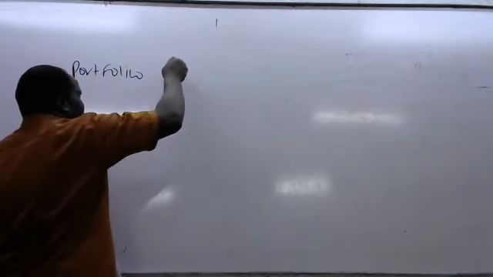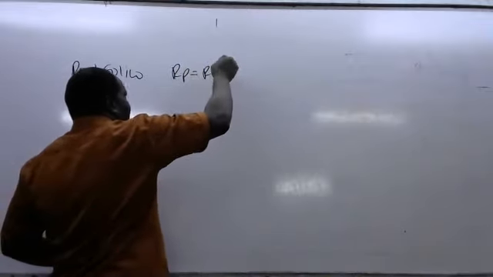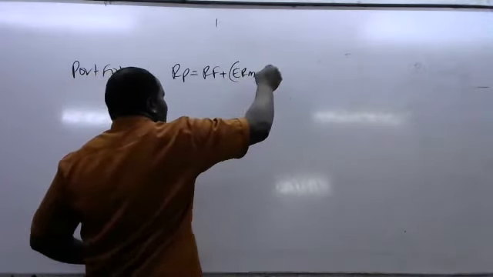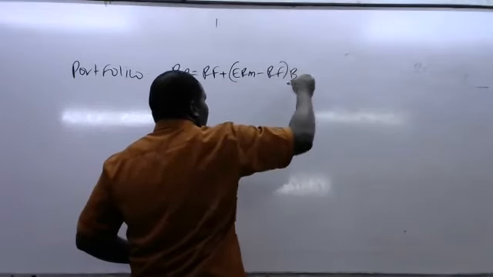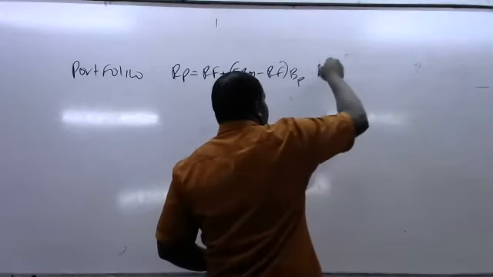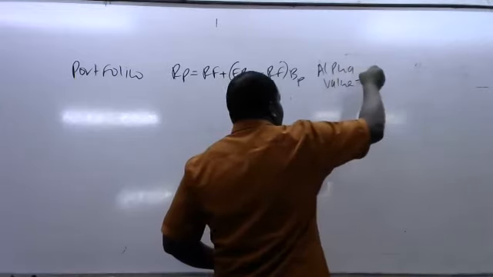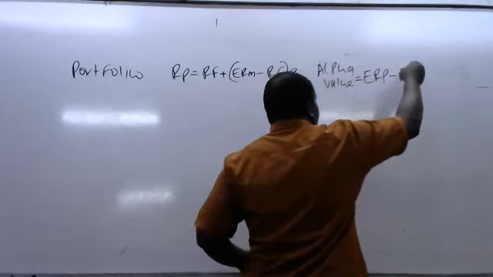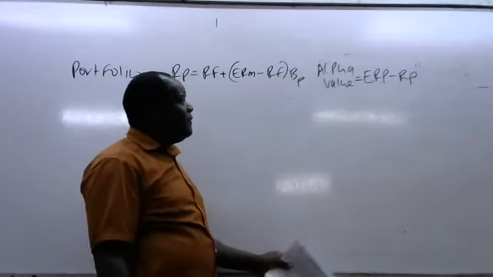Then the return of the portfolio, which will be the risk-free rate plus, in brackets, expected return for the market minus the risk-free rate, times the beta factor of the portfolio. Then after that, you get the alpha value, which is the expected return of the portfolio minus the return of the portfolio.